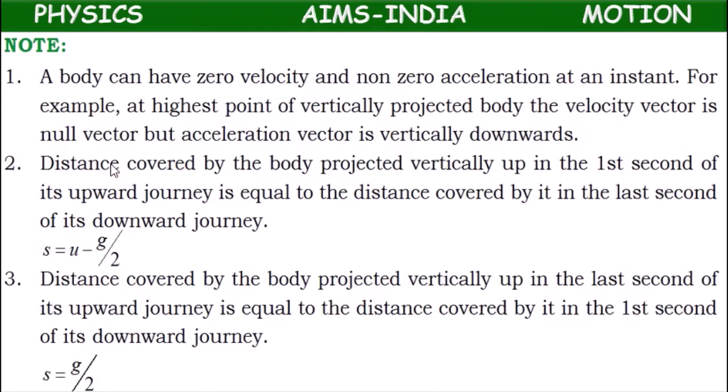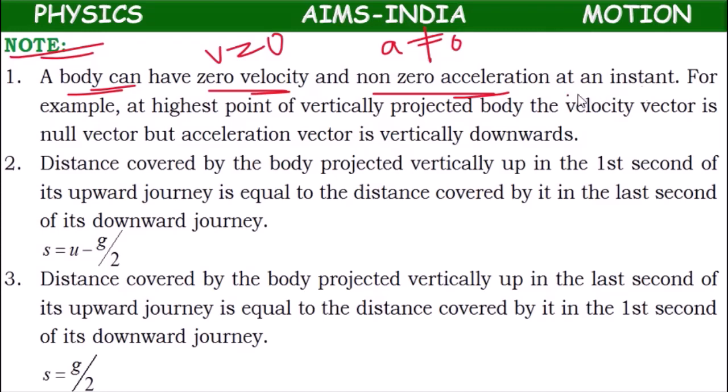Next one. Here we have to note some points. A body can have zero velocity and non-zero acceleration. That means velocity equals 0, but at the same point acceleration is not equal to 0 at an instant. For example, at the highest point of a vertically projected body, the velocity vector is 0.